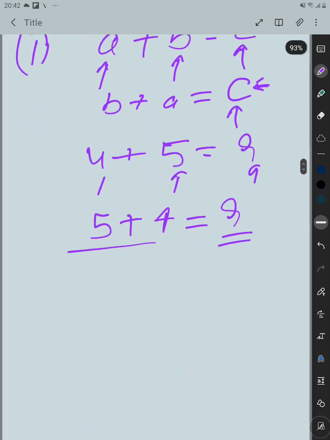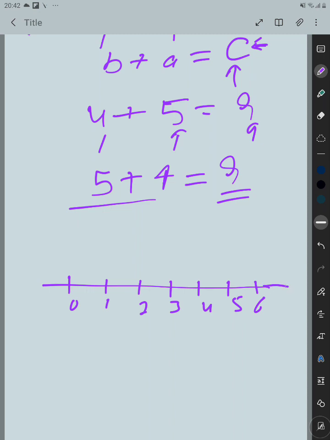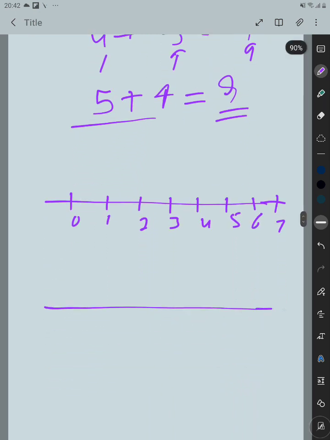Now we'll see it on the number line also, as it is explained in the book. For example, we have here 0, 1, 2, 3, 4, 5, 6 and 7, and we draw another line also, 0, 1, 2, 3, 4, 5, 6 and 7.